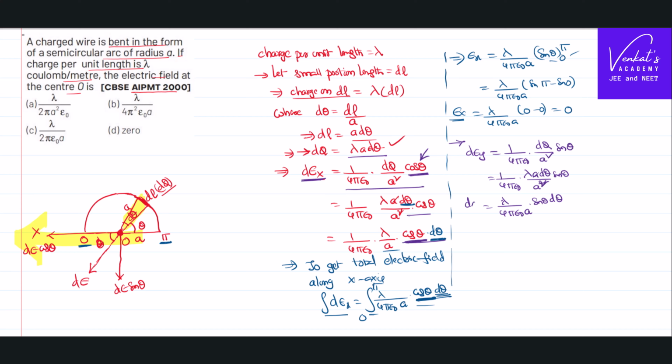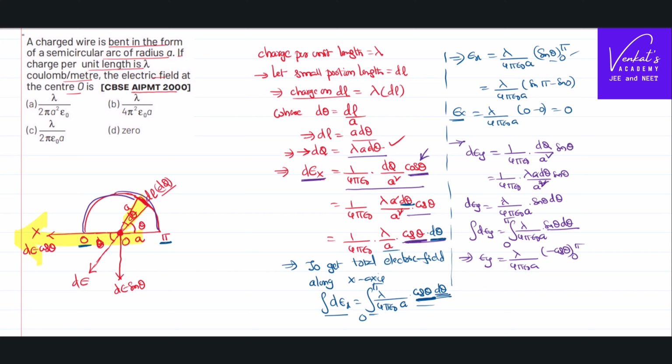Integrating with limits 0 to pi to cover the entire semicircle, the integral of sin theta is minus cos theta.